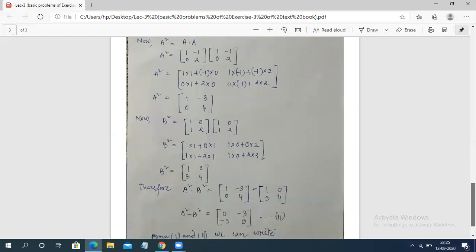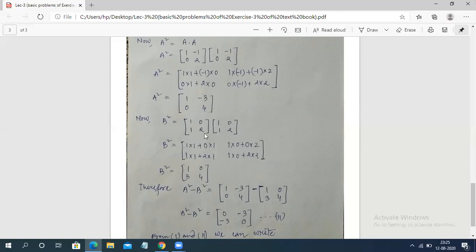Now find the value of B square. Write the matrix B into the matrix B. By the multiplication rule, 1 into 1 plus 0 into 1, then 1 into 0 plus 0 into 2. We are getting the first row of the matrix B square.